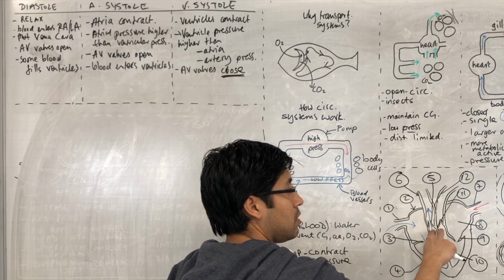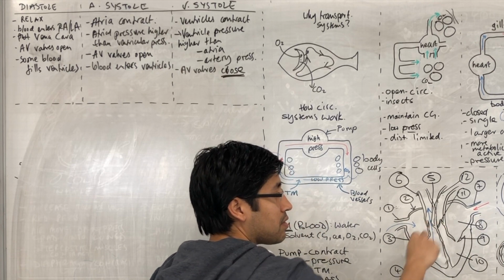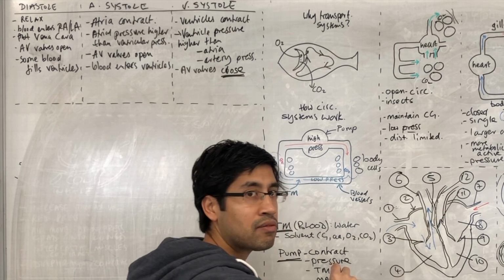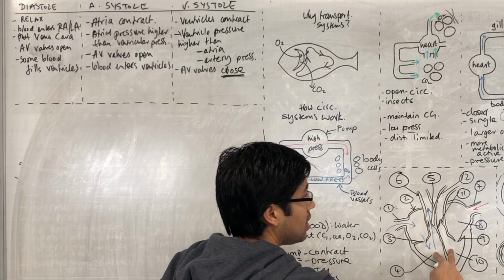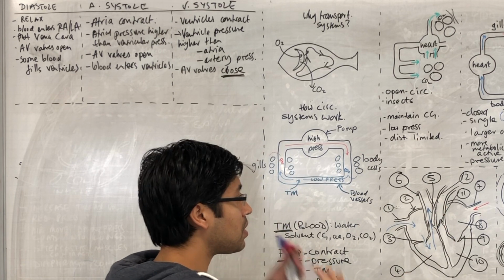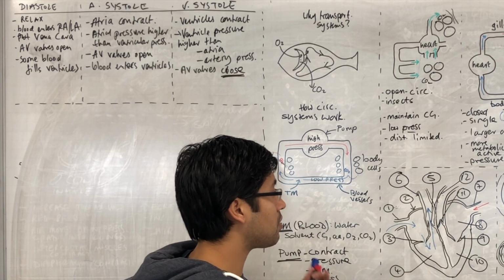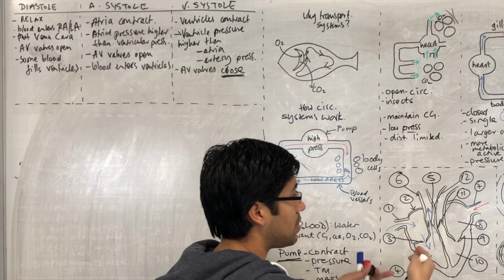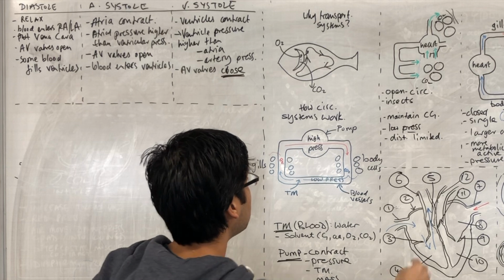However, the semilunar valves, the pulmonary valve and the aortic valve, because the pressure here is higher than there, it causes those valves to open. Now that's not something you have to work too hard to understand why. You can see from their structure that that's what would happen.